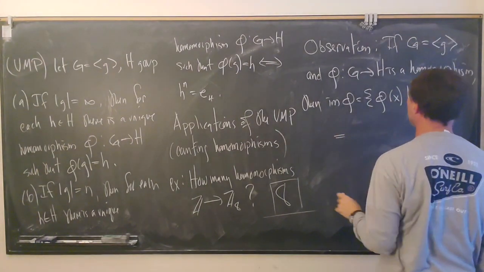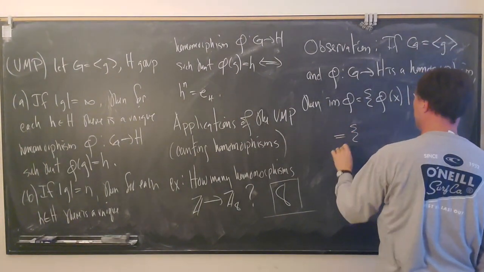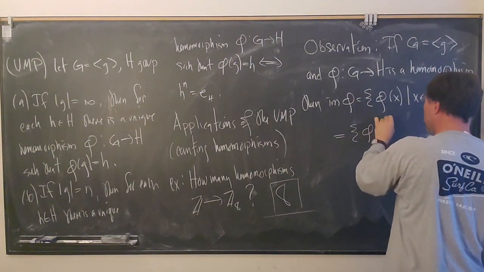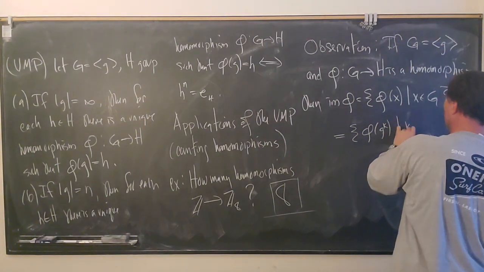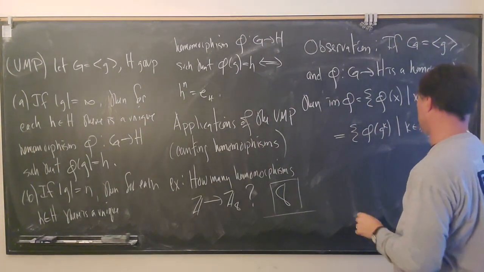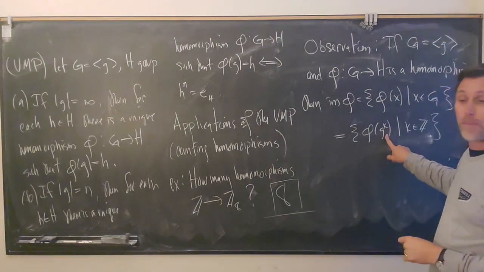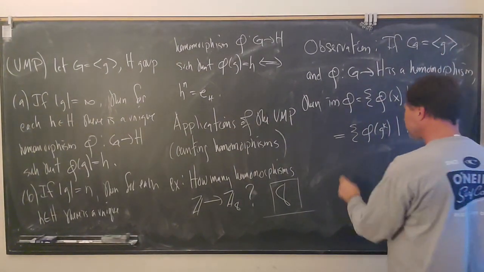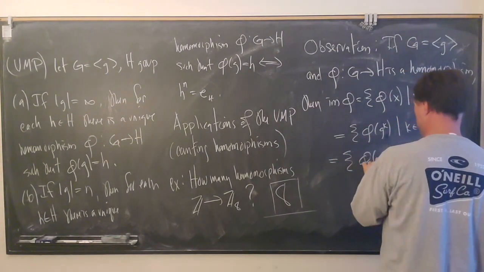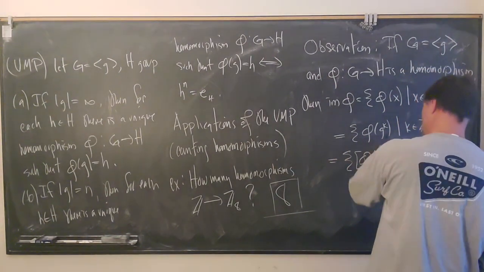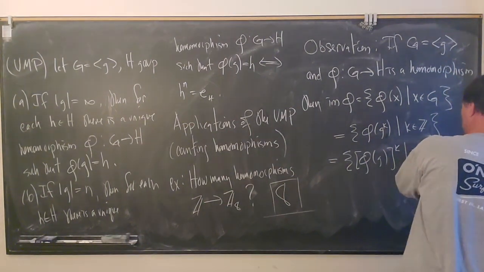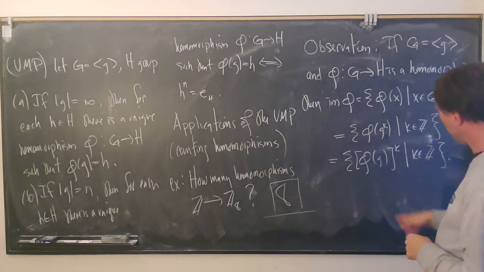Now this is going to be equal to the set of all things of the form phi of g to the k, where k runs through all integers, because x can be expressed as a power of the generator. Because this is a homomorphism, I can rewrite this as phi of g raised to the k, where k is in Z. Now what's this?